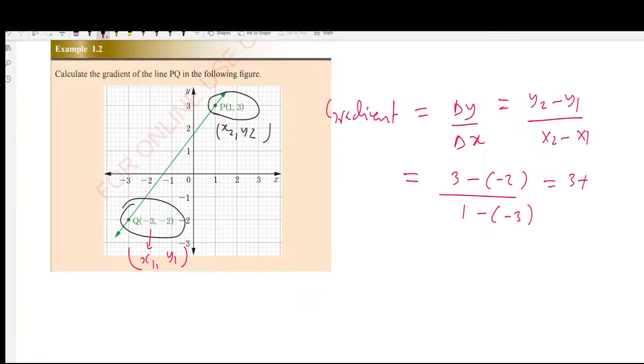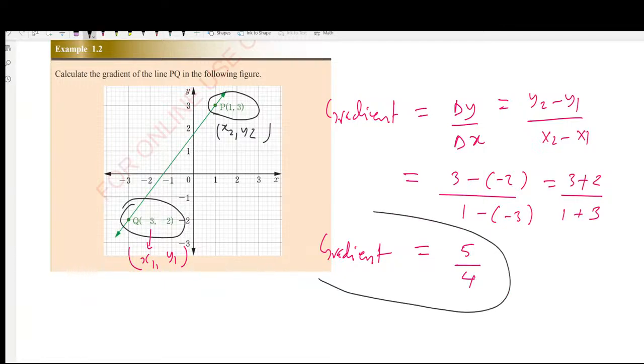So this is 3 plus 2 over 1 plus 3. So the gradient, dear students, will be 5 over 4. So that is the gradient according to the given question.